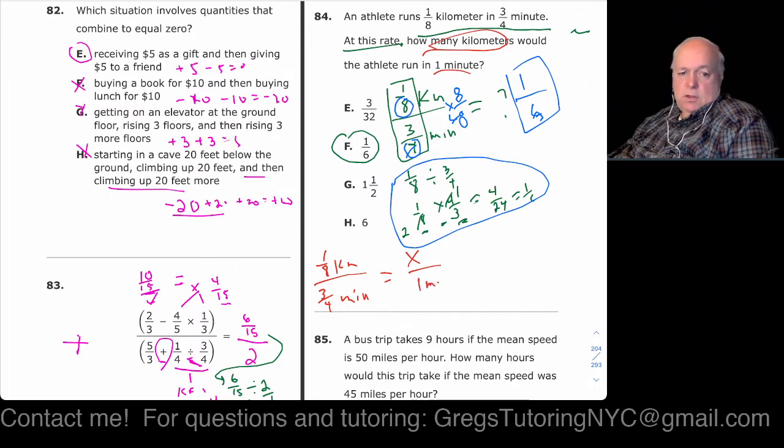If I do the cross product of that, I'm going to get 1/8 times 1 is equal to 3/4 x. I want to get x by itself, so I'm going to multiply both sides by 4/3. This cancels, that cancels, and I'm back to my original thing over here.